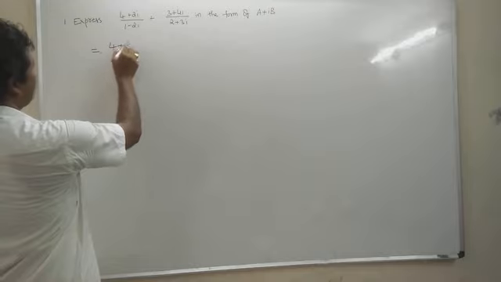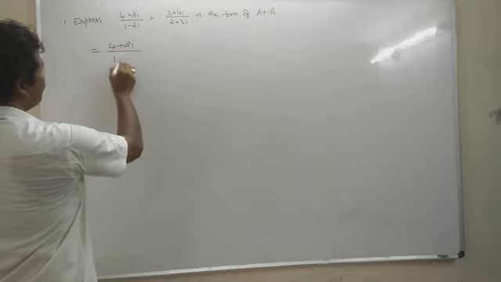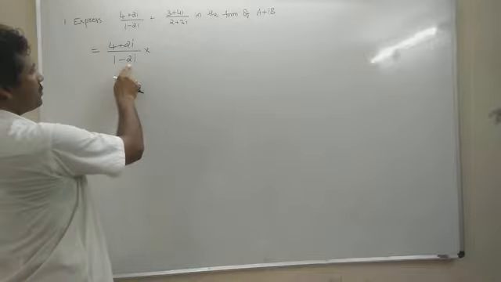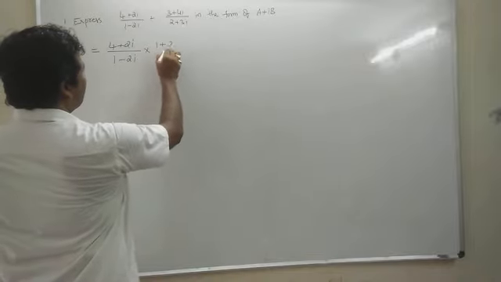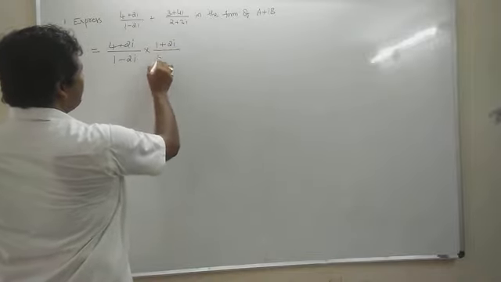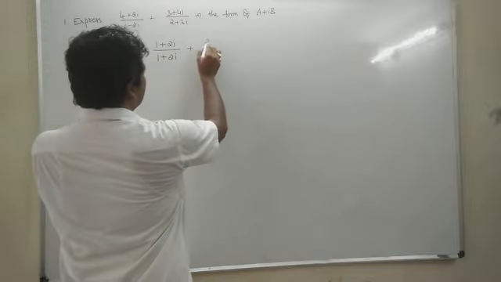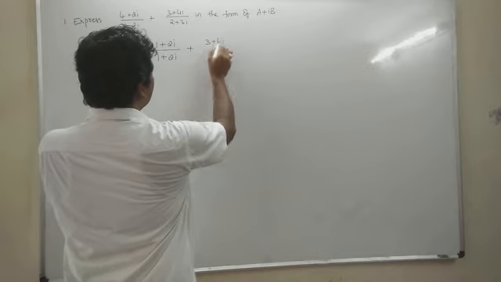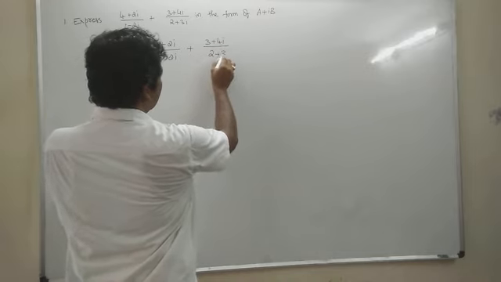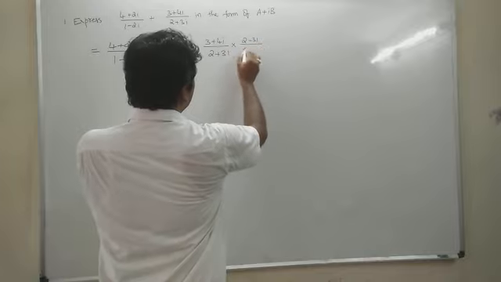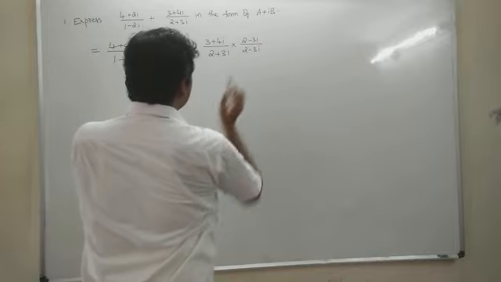(4+2i)/(1-2i) into, here it is the 1-2i. You should multiply with (1+2i)/(1+2i), plus (3+4i)/(2+3i) into (2-3i)/(2-3i).